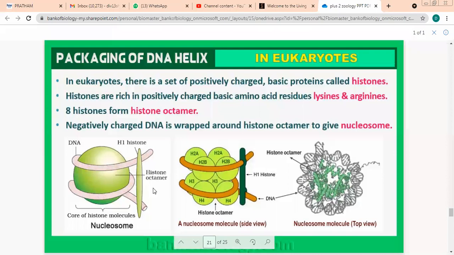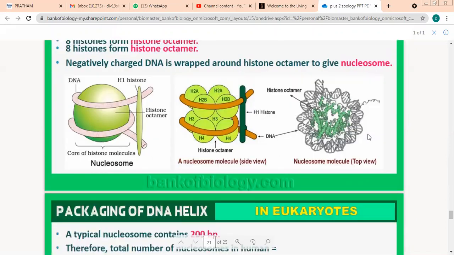And wrapped around this is DNA, what is the charge on DNA? Negative. This whole thing, octamer plus DNA together, what is the structure known as? Nucleosome. So in prokaryotes we have nucleoids, and in eukaryotes we have the nucleosome.